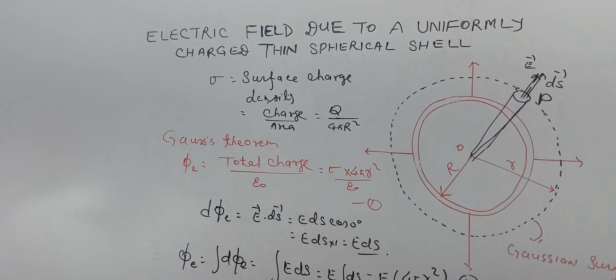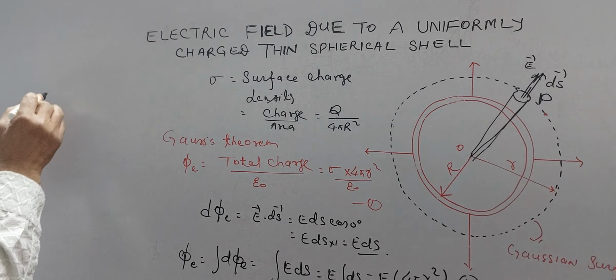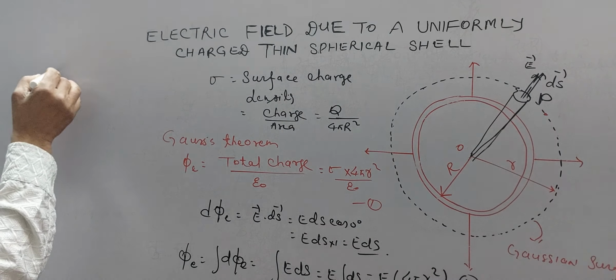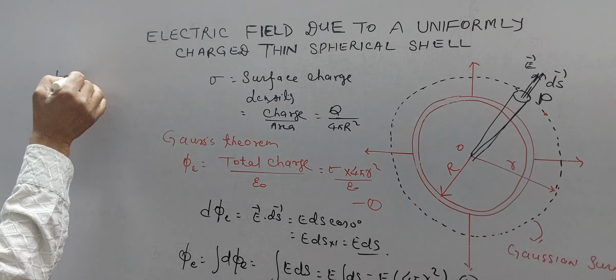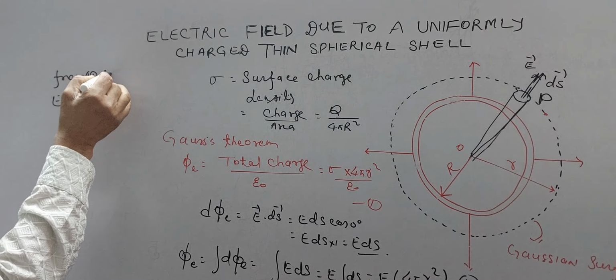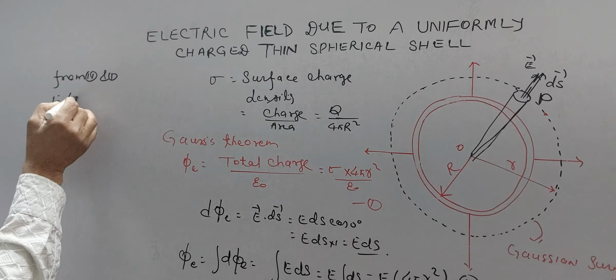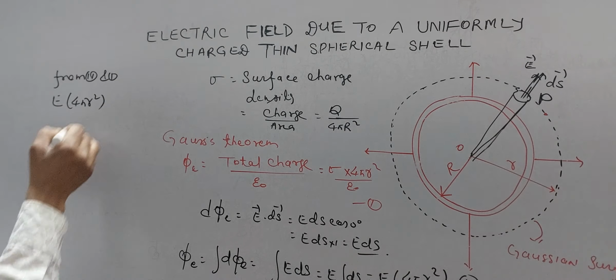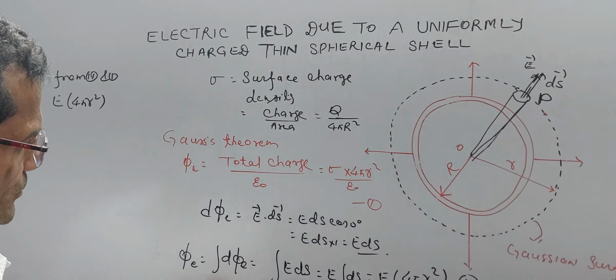So now using equation 1 and 2, equation 2 gives E times 4 pi r square equals the total flux phi.